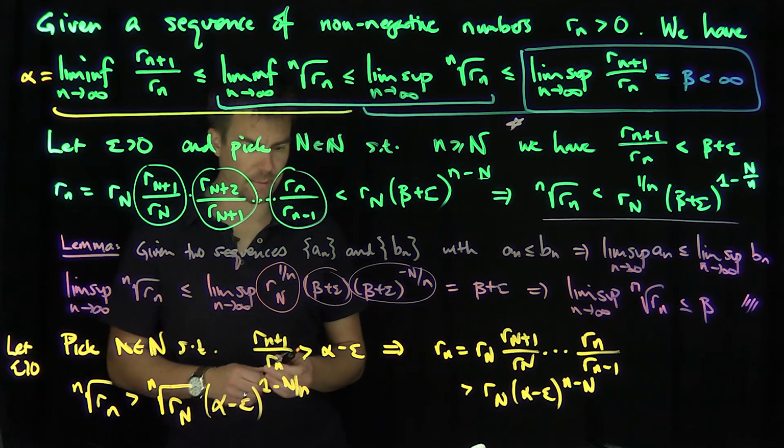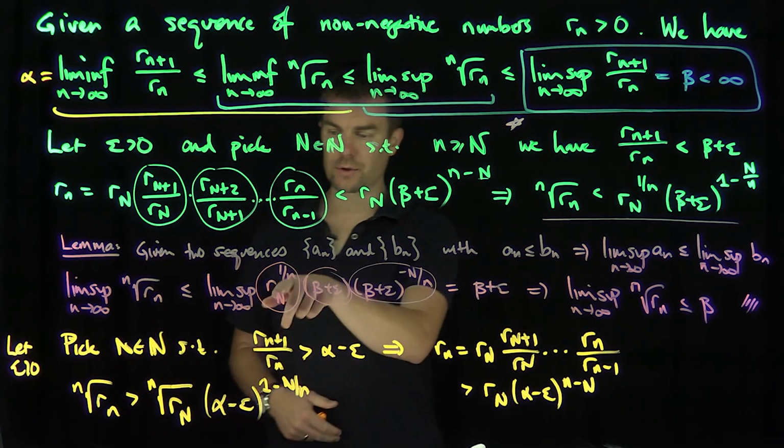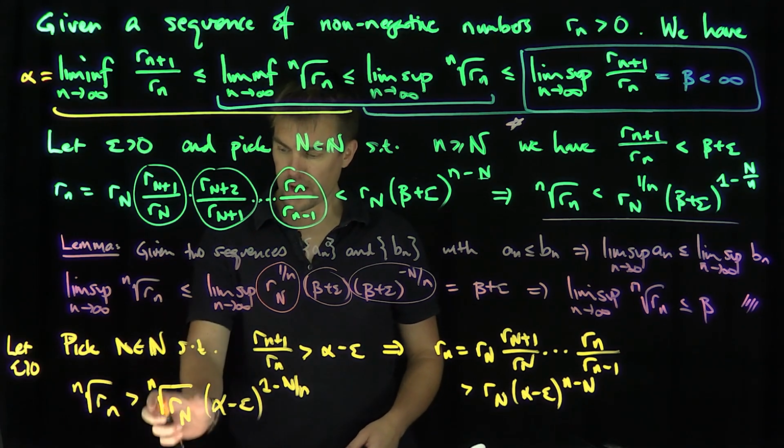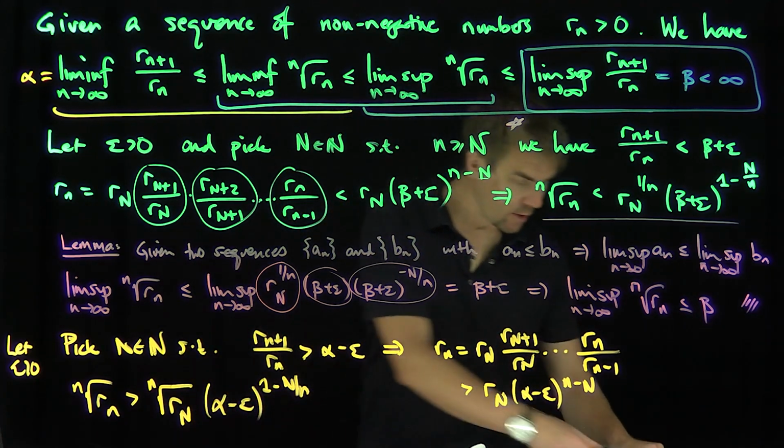And now I'm going to pass to the liminf, right? Because the same sort of inequality is true over here. If one quantity is bigger than the other quantity, the liminf of the quantity that's larger is bigger than or equal to the liminf of the quantity over there. So now what do we have?